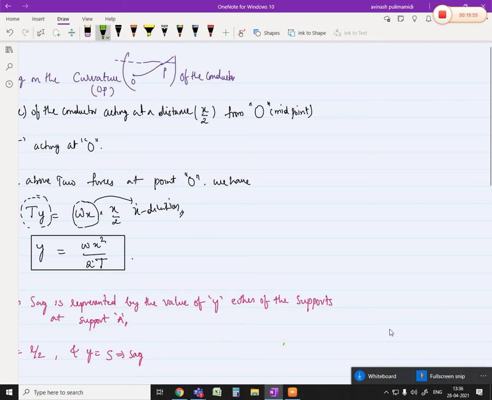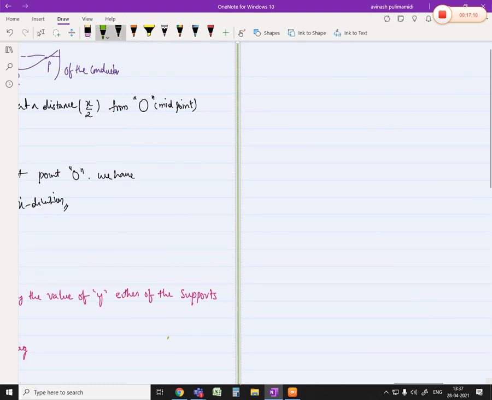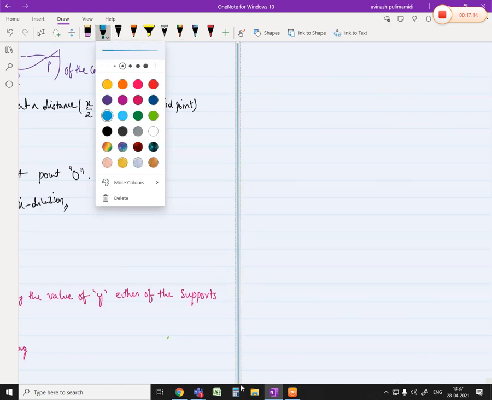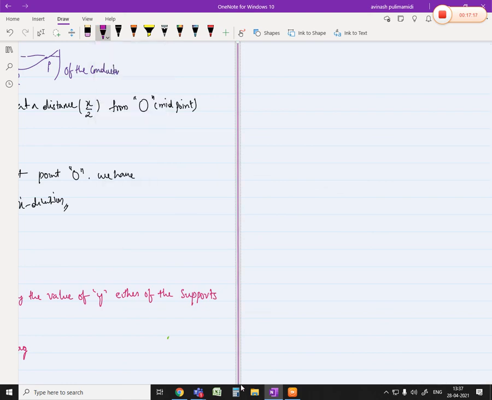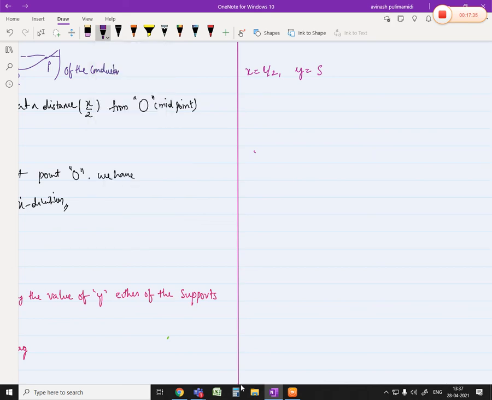So after the substitution of x is equal to L by 2 and y is equal to S, yes, students? Then substituting here, what was that formula?